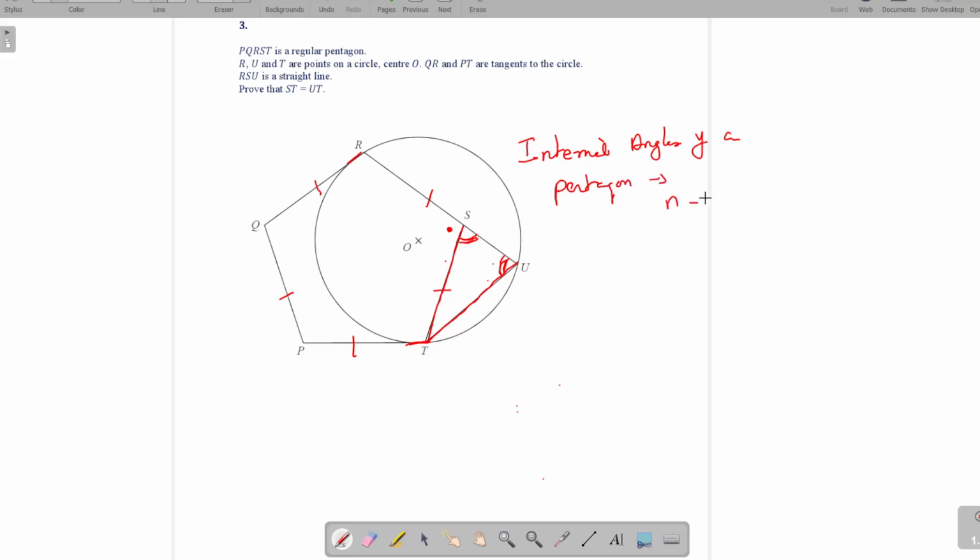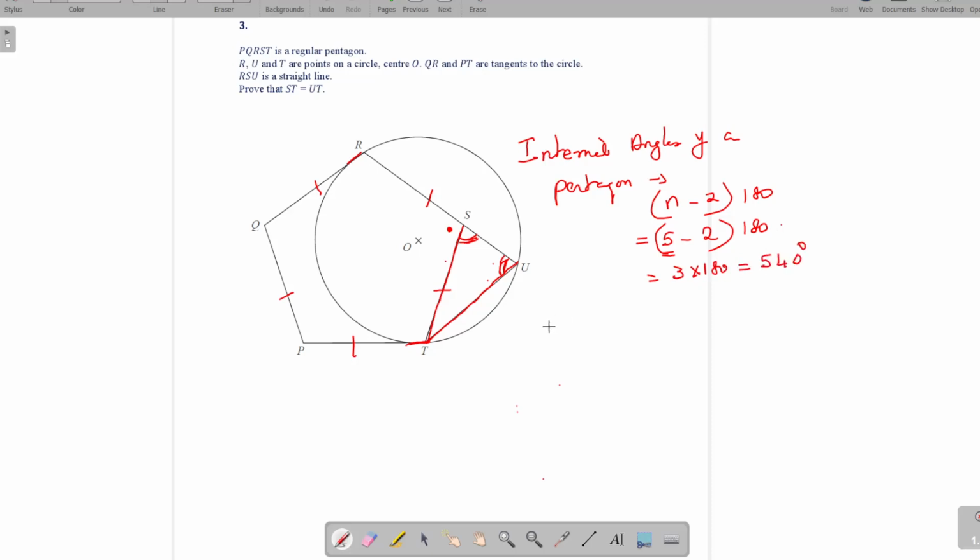That is n minus 2 times 180, 5 minus 2, 5-sided, times 180, which is 3 times 180, which is 540.